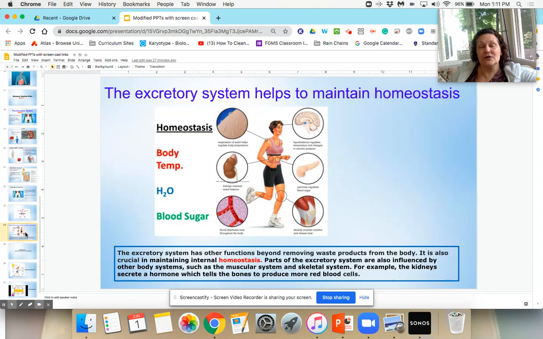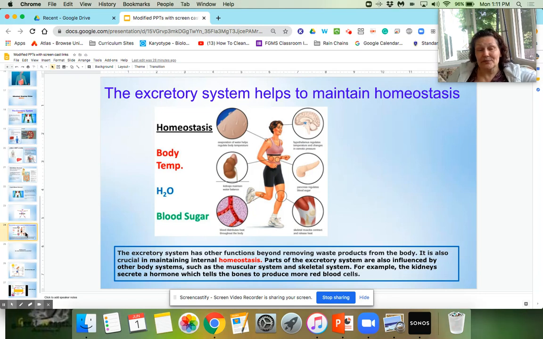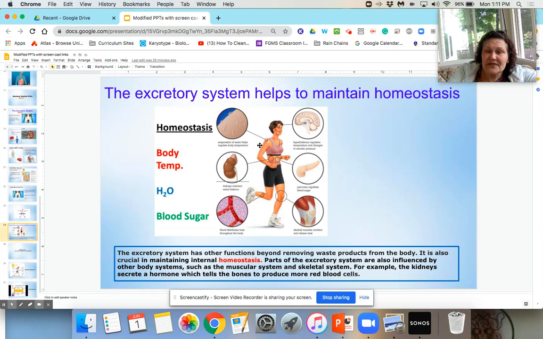There's 3 of them, and I'm going to do quick screencastifies on that. I promise they'll be quicker, on homeostasis as it pertains to body temperature, water level, and glucose, which is sugar in your blood. Okay, but it's more than you need to know for this. But I do want to look at this one.